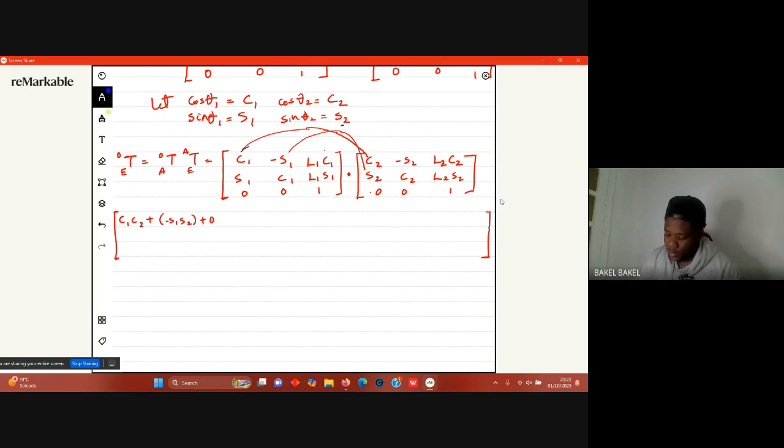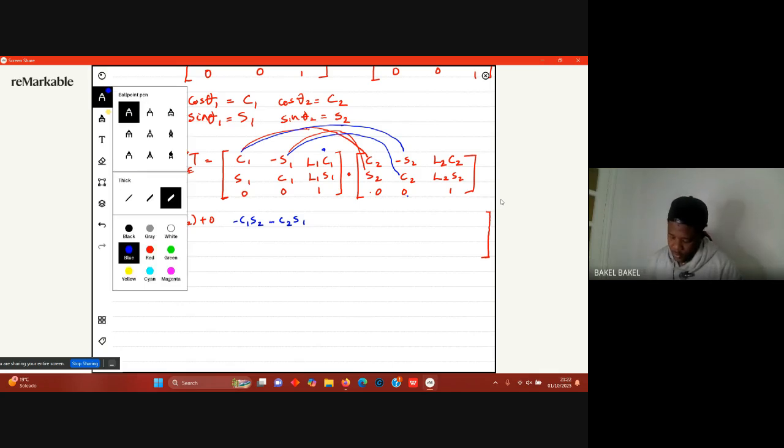So this and this, this and this. So S1 S2, so it's minus C1 S2. And then this one to this one down, and then it's minus C2 S1. And then this one is 0. So this and this is 0. And I'll move to the next side.